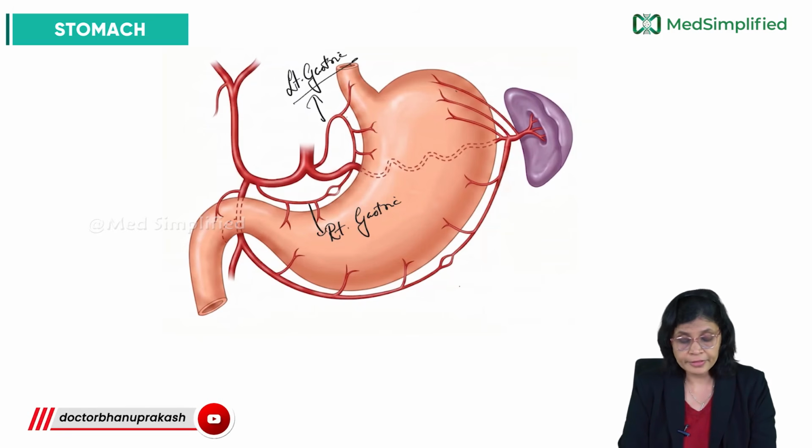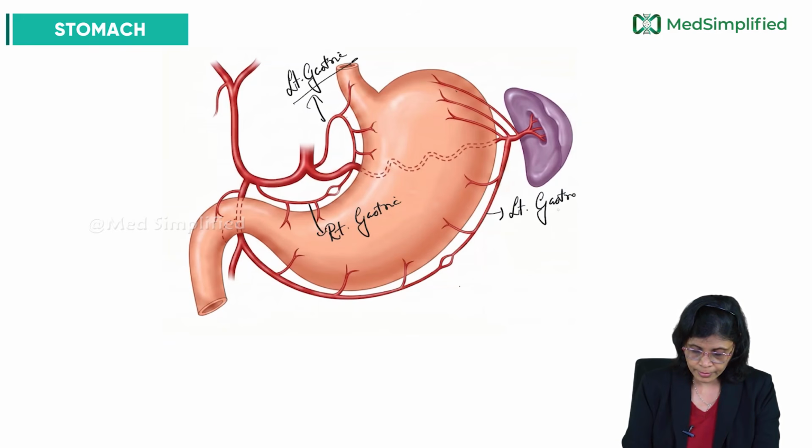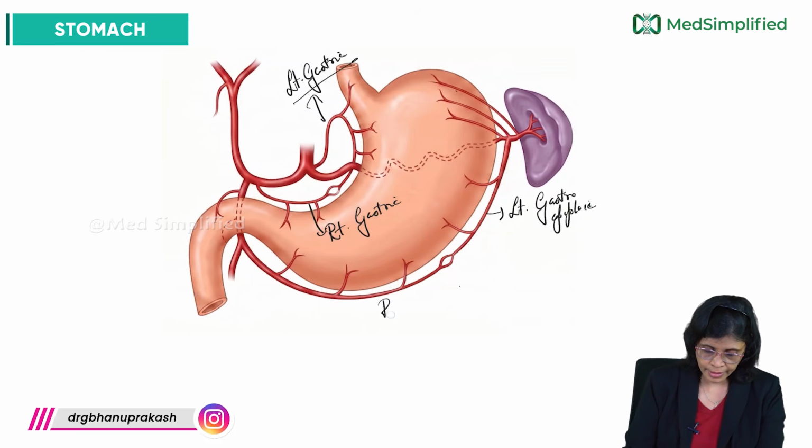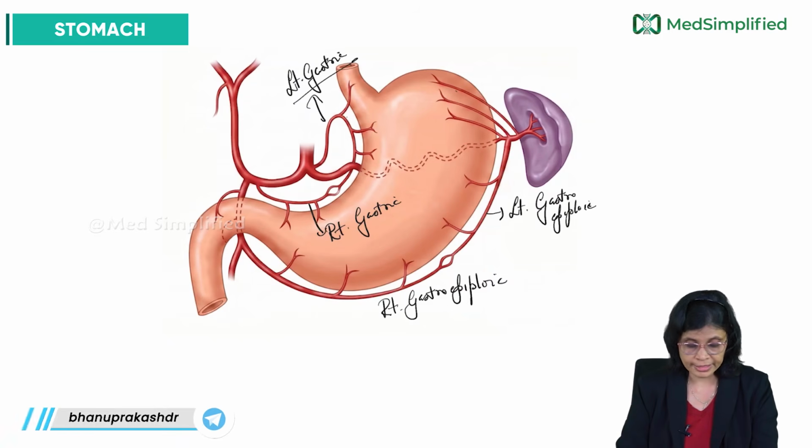And along the greater curvature, we see the left gastroepiploic and the right gastroepiploic. The left gastroepiploic is a branch of the splenic artery, and the splenic artery is a branch of the celiac trunk, whereas the right gastroepiploic is a branch of the gastroduodenal artery which comes from the hepatic artery.